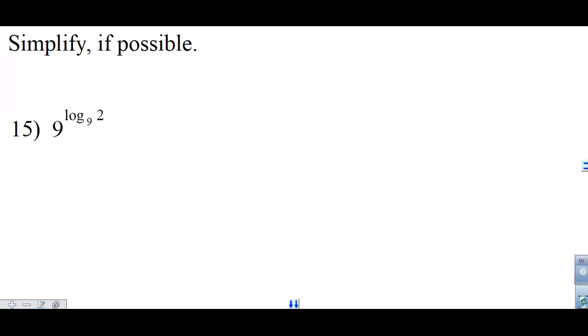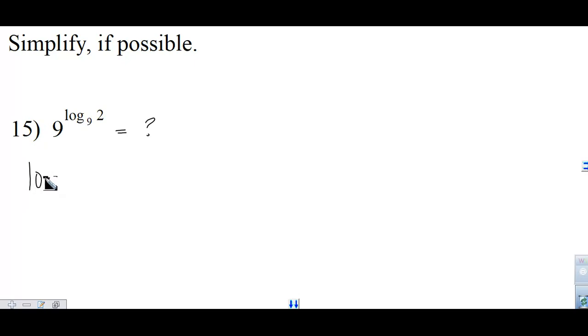This problem also could look complicated at first glance, but if you think about those properties, you can simplify it without much effort. Here, I just have an exponential. I have a base, and it is raised to a power. I just don't know what the answer is yet. I can change this into a logarithmic problem, and when I do that change, the answer becomes obvious.